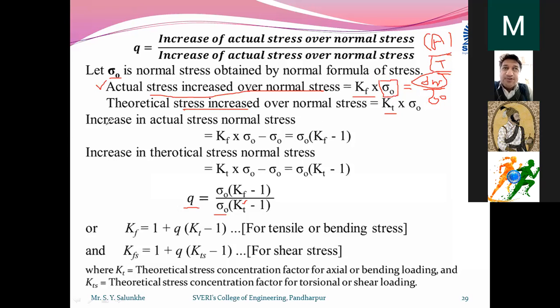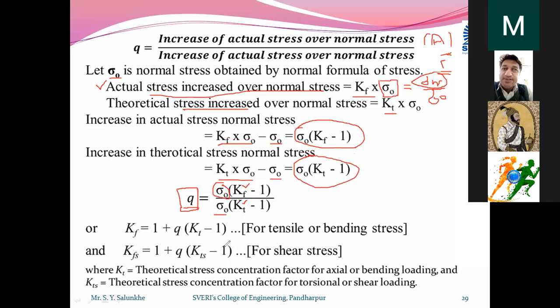So what will be the value of increased stress over the normal stress? Definitely maximum stress minus normal stress. This much value has increased in actual condition. Am I right? And theoretically, how much has it increased? That is Kt sigma 0 minus normal stress. This is the value we consider as the increased stress theoretically. And the ratio of these two is nothing but notch sensitivity.